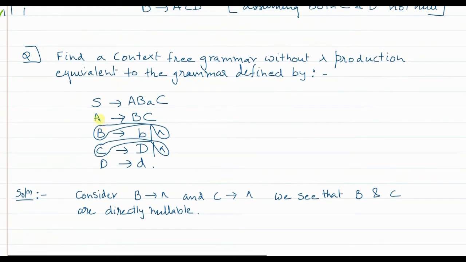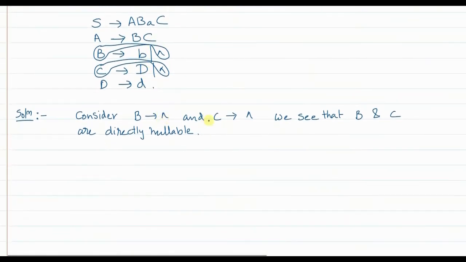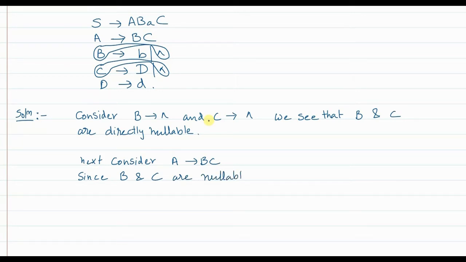Then you see A gives BC. Now we already have seen that B and C are nullable. So next consider the production A gives BC. Since B and C are nullable, A is also nullable.